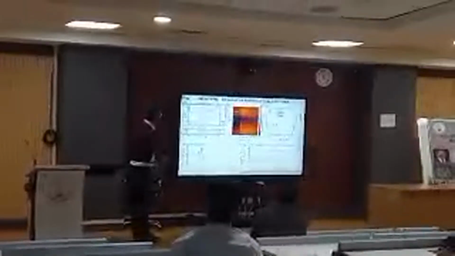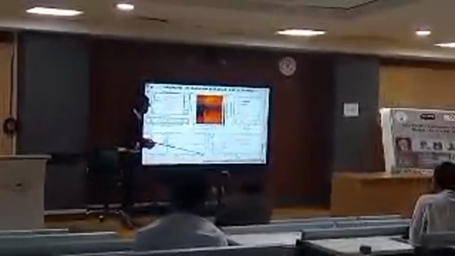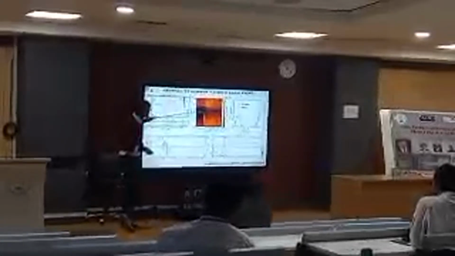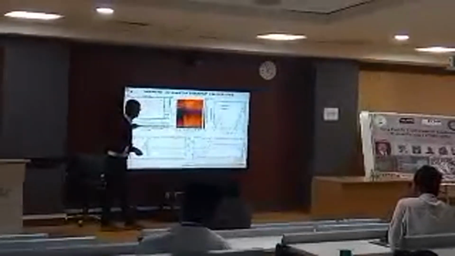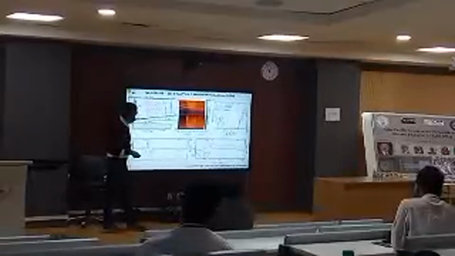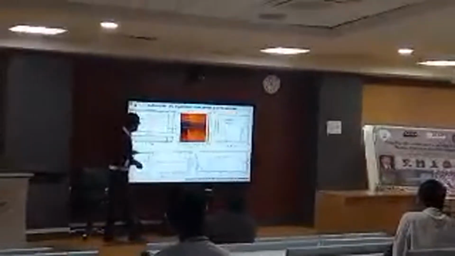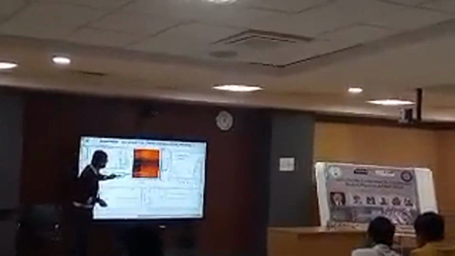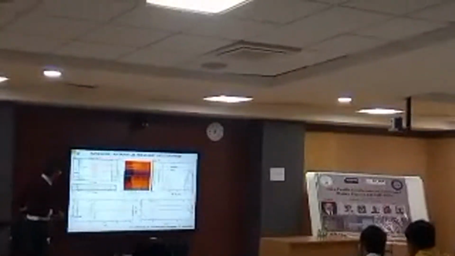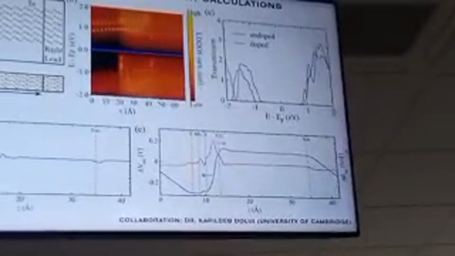He did spatially resolved band bending spectra, where you can see that the valence band is not that much affected, but there is a band bending here. Just mind that this is the x-axis, so this is the space coordinate, and the band is changing along the space coordinate. Now if we want to see the transmission and resulting charge density, voltage build-up or electric field, it comes this way.